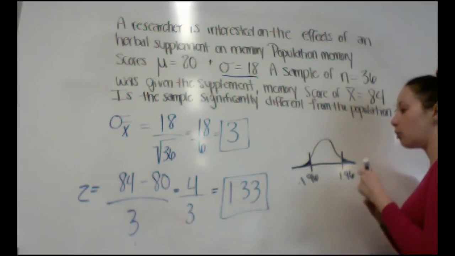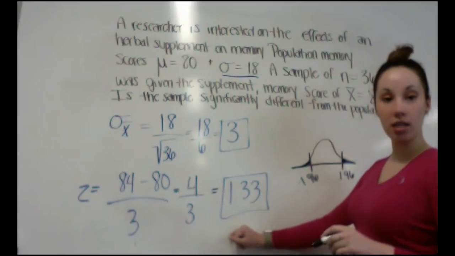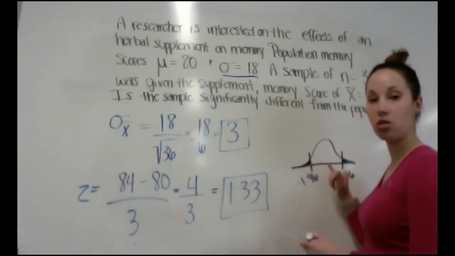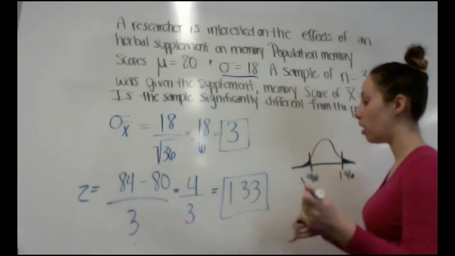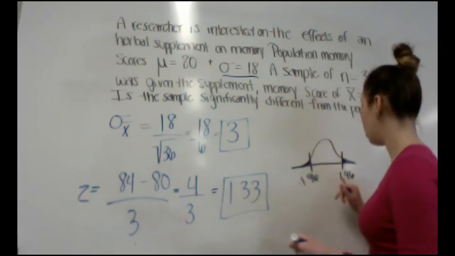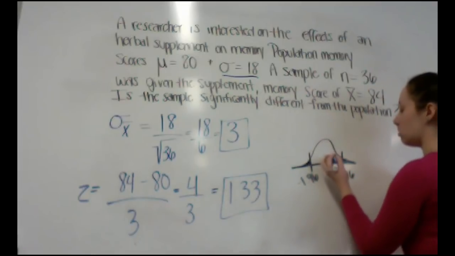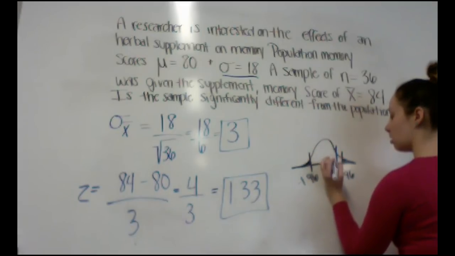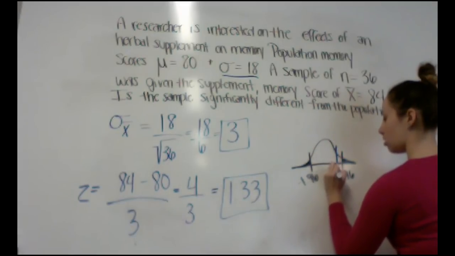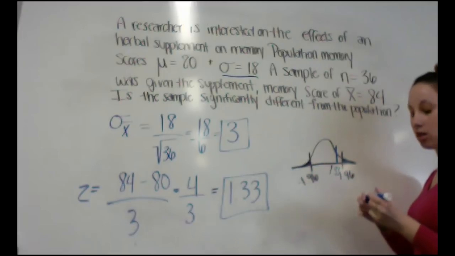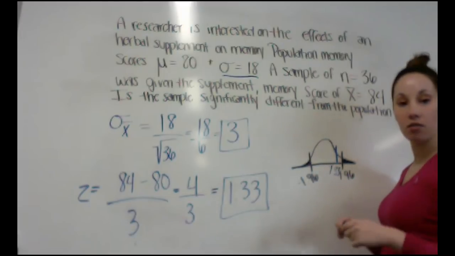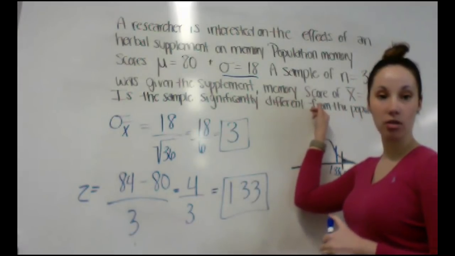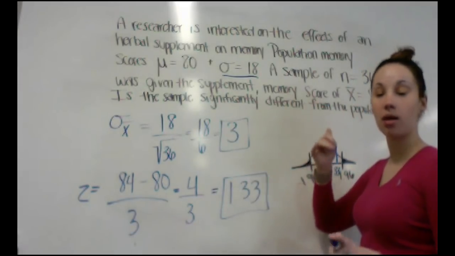In order to determine whether or not our answer is significant, we've got to see if it falls in the shaded region. So does 1.33 fall past 1.96 is the question here. And the answer is no, it doesn't. It doesn't fall in the shaded region. And because it doesn't, our sample is not significantly different than our population. So that's how you would do a problem like that.